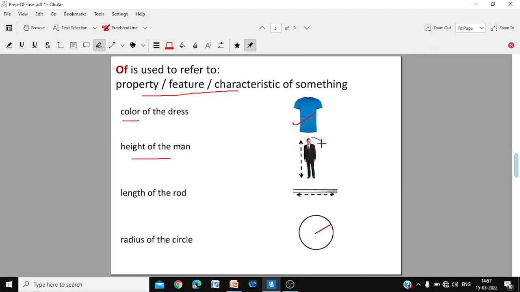The man is an object and you are referring to the height, which is one property of the man. Length of the rod. You are referring to one feature or characteristic, that is the length. Radius of the circle. A circle is a figure. You are referring to one particular property, that is the radius of the circle.